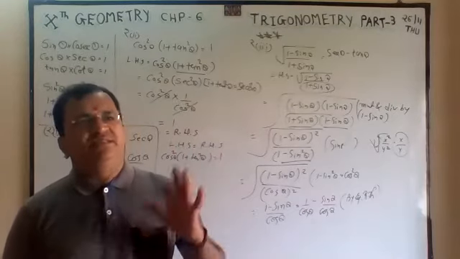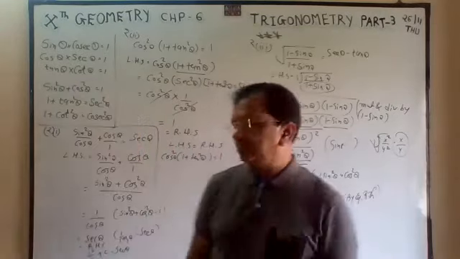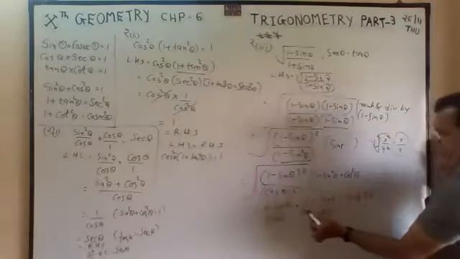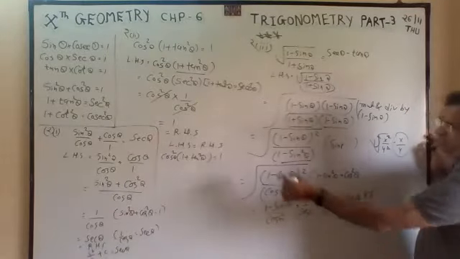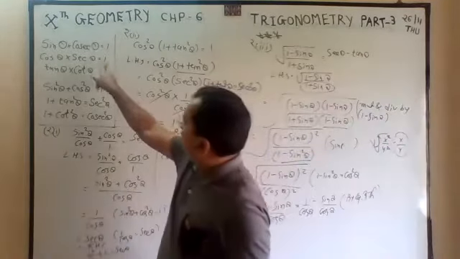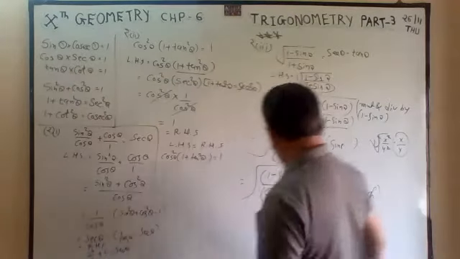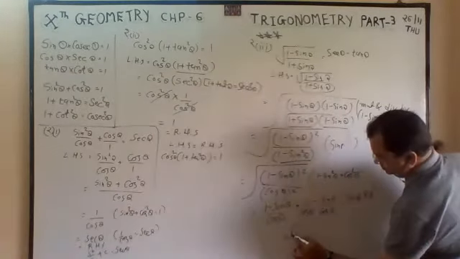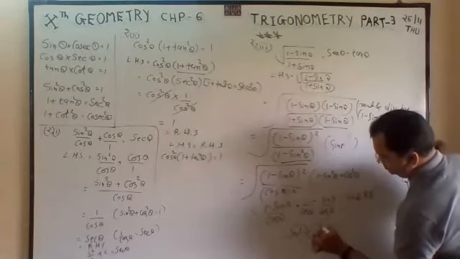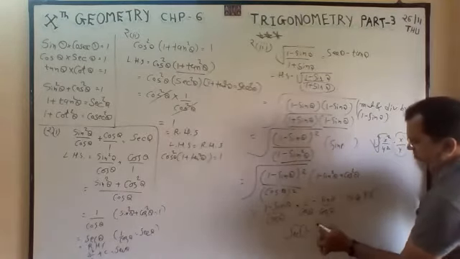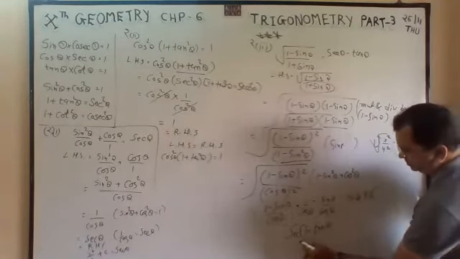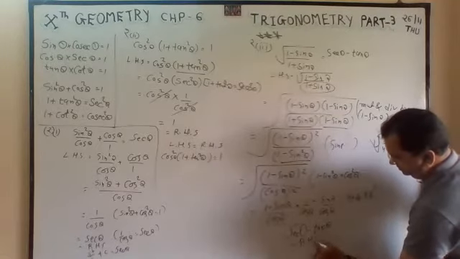That is known as equal ratio theorem. Now 1 by cos is equal to sec theta. Sin by cos is equal to tan theta, which is the right hand side.